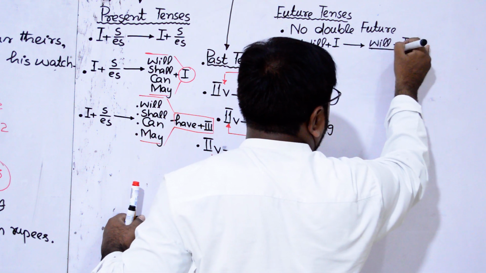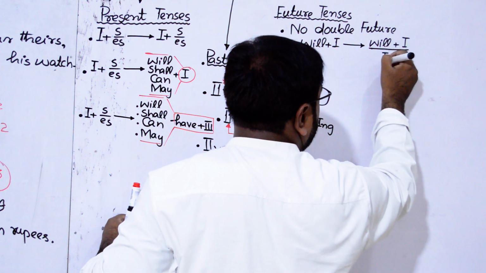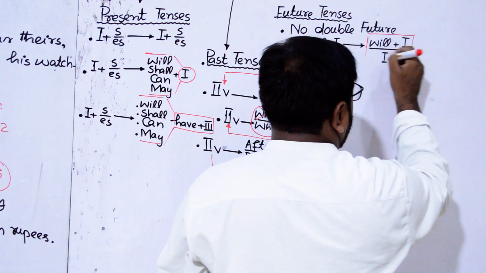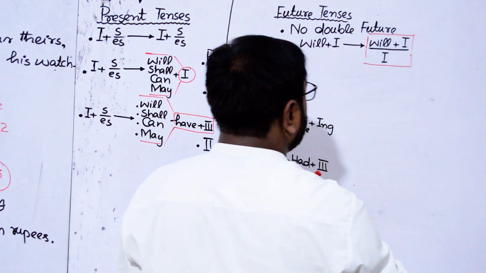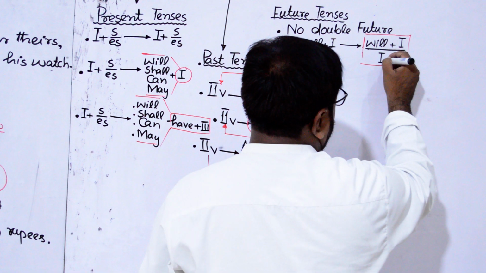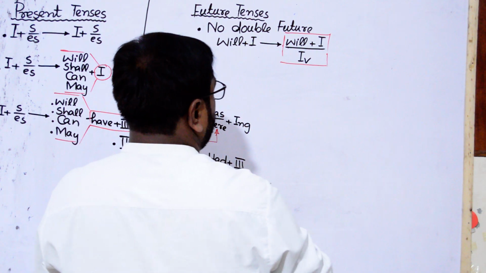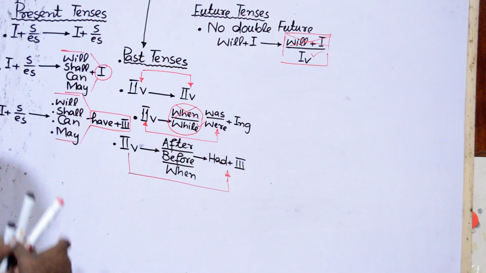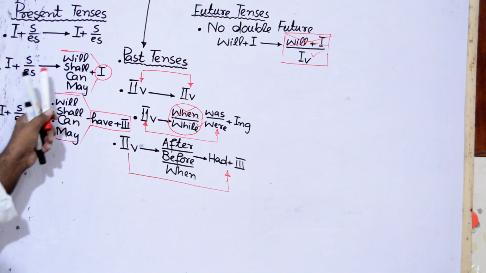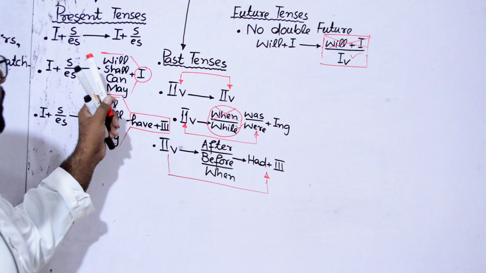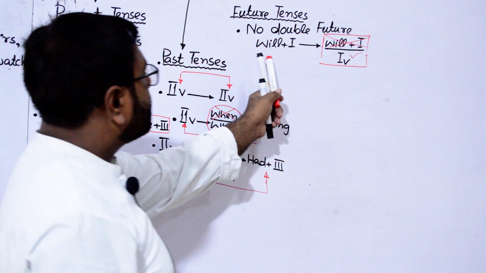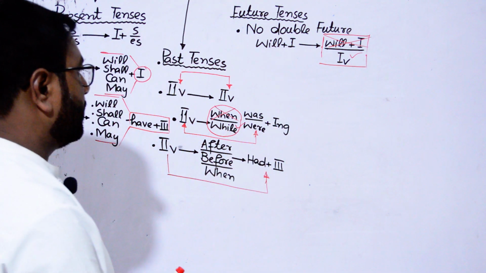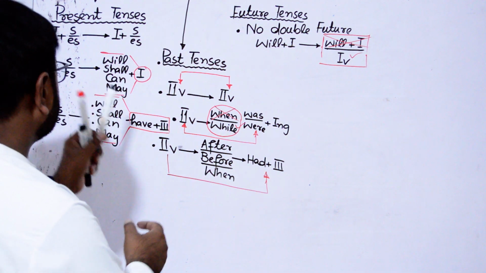Instead, I should use only first form. Here, what I mean to say is, we should use first form of verb rather than will. As I have mentioned, a first form of verb can combine with will, shall, can, may. So is the case with this. No double future tenses should be combined with each other.